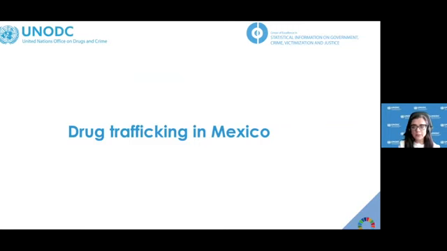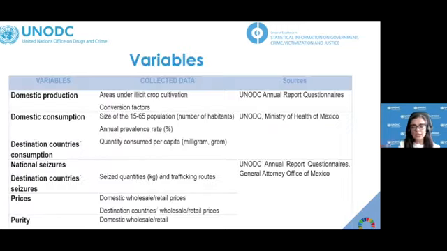So for drug trafficking in Mexico, the way we went about it was to identify the different variables regarding domestic production, domestic consumption, the destination countries and the consumption, the national seizures, the destination countries and the seizures that they have, the prices and the purity of different substances.